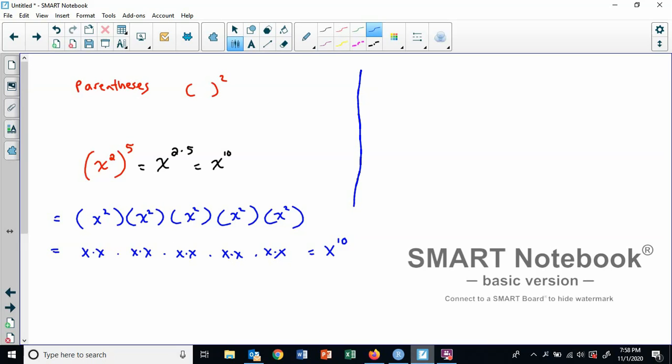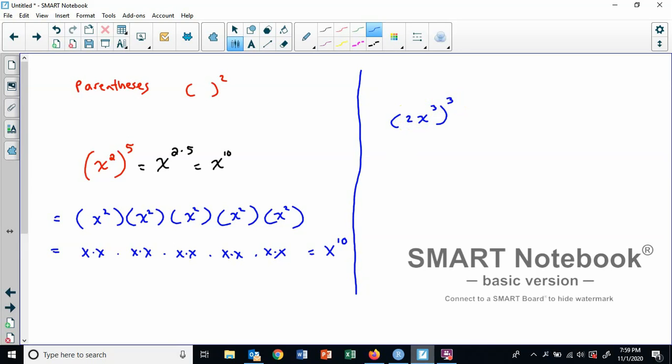Now, this rule only works if these bases are being multiplied or divided. If I put a plus sign in here, this rule does not work. Okay, I'll talk about this more in a second.